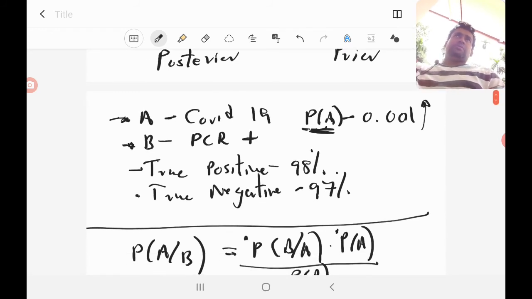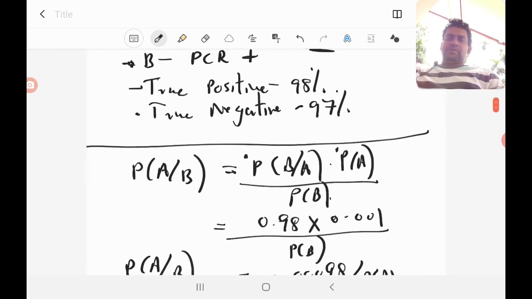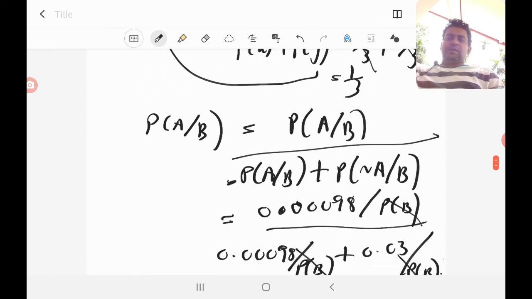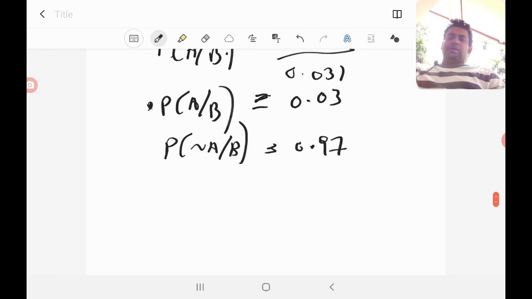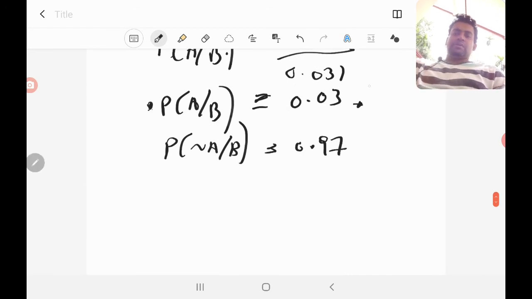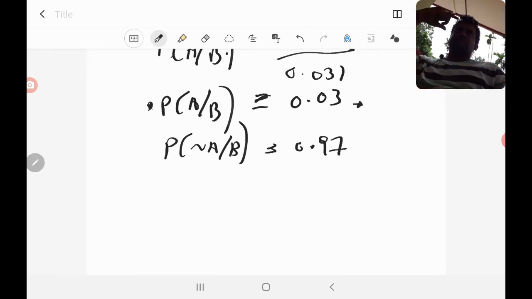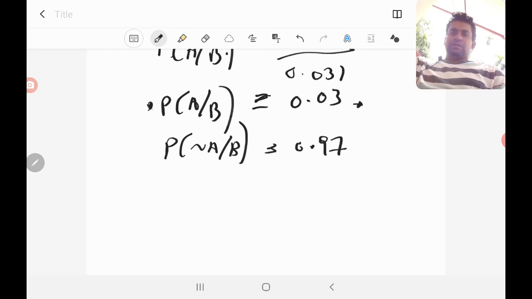And also you could do the same test multiple times, because the posterior here is higher than the prior. So if you do the test again only for those who were tested positive, then the prior among that population will be higher.